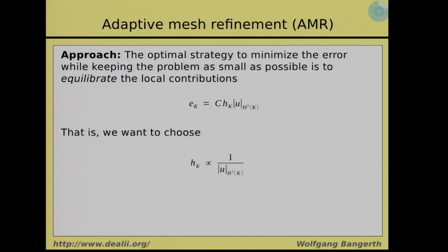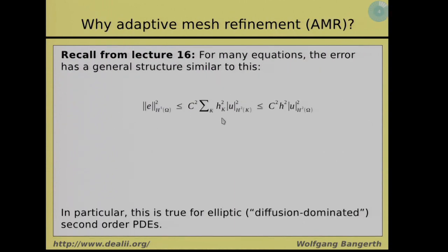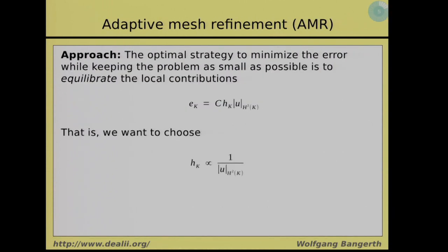So we talked about this, I think, in lecture 16, that the optimal strategy, if I define the error or an upper bound for the error on every cell as just C hK and then the H2 norm, so that's the square root of this term here, if I define it like this, then the optimal choice for the mesh size is so that I equilibrate these error indicators.